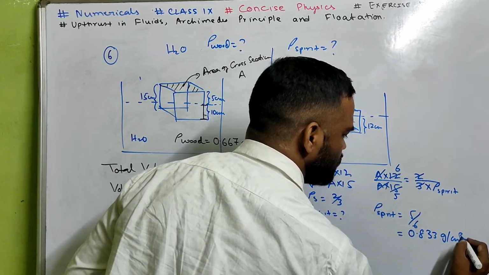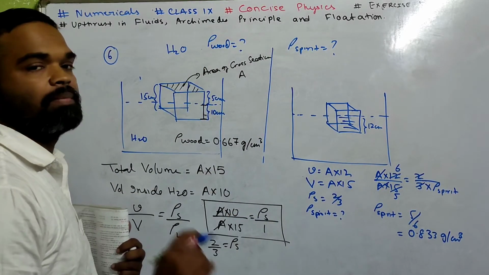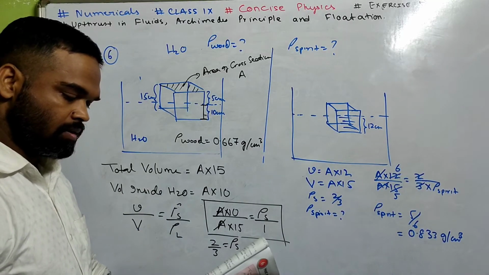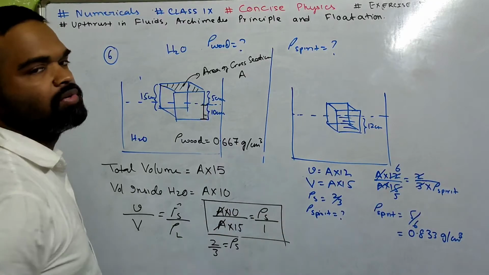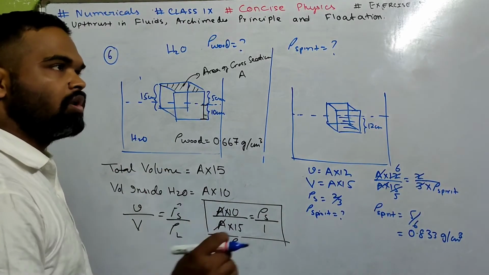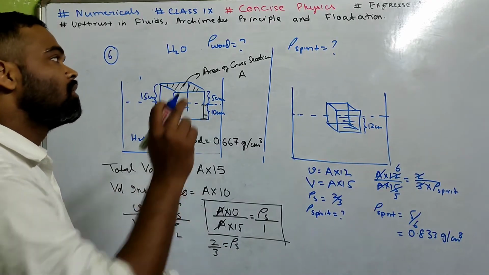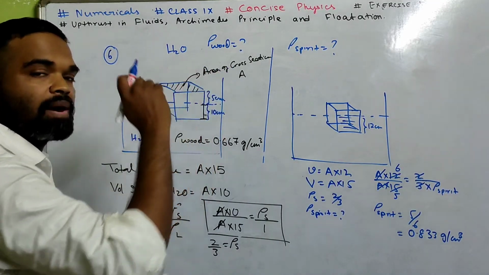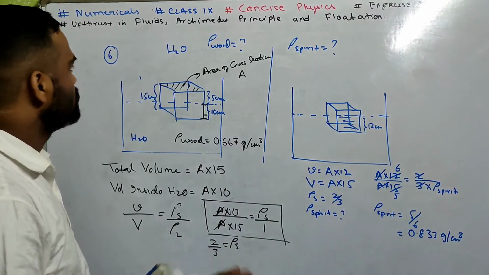So just divide it, and you will get the answer as 0.833 gram per centimeter cube. And that's my answer. Done. Same logic we have used. And remember, volume of a body with uniform cross section area is area of cross section multiplied by the length or the height.